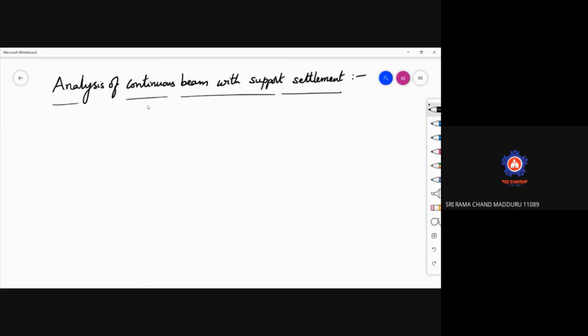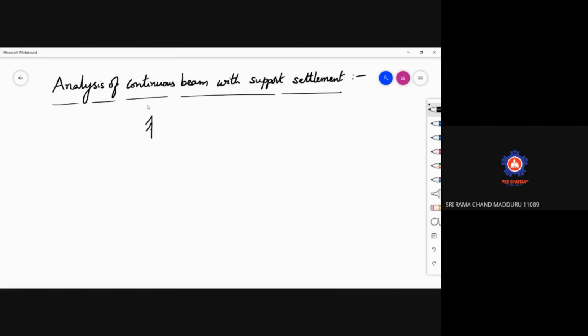So that means you can consider this as sinking of the support. So till now we have seen the problems where there is no effect of the support. Whereas now here the analysis of a continuous beam with support settlement is considered.